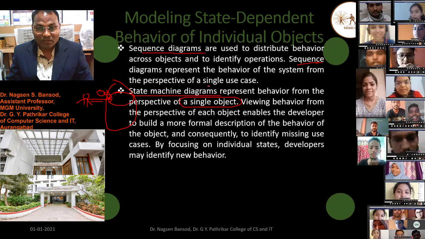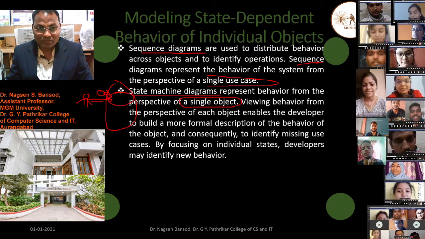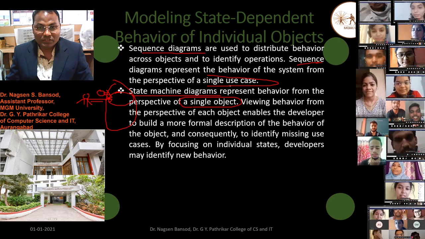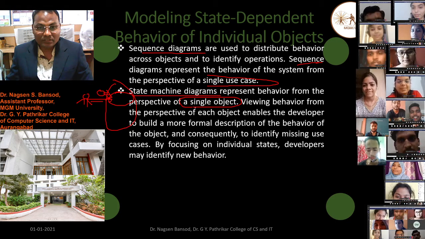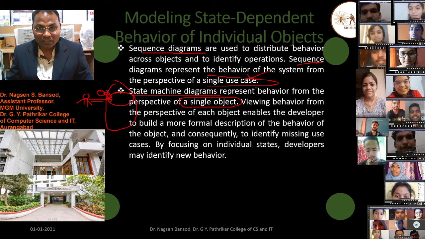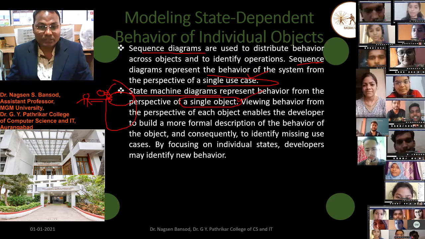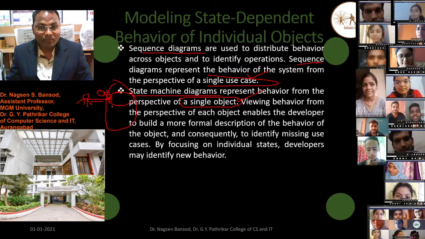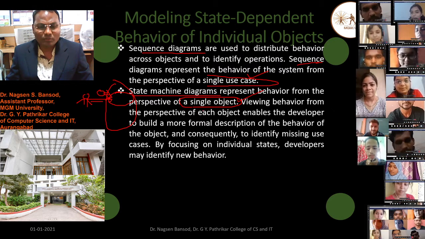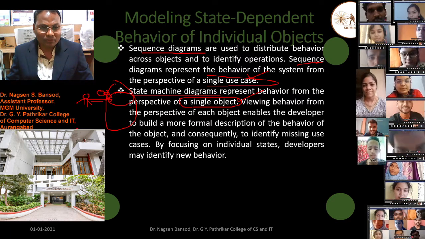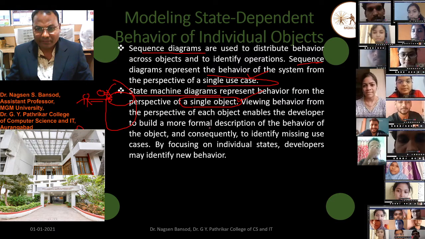Here, single use case perspective, and here is the single object. In a use case there may be many objects, but in a state machine there is a single object, single entity.